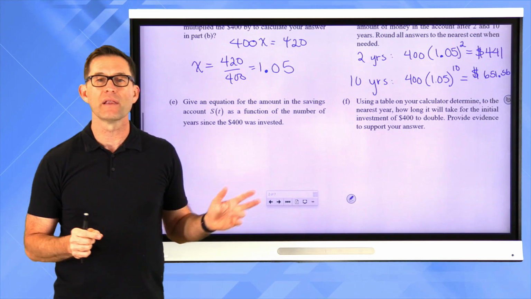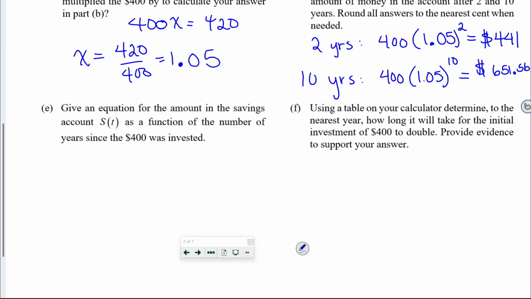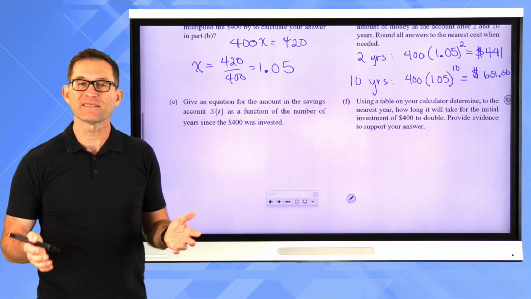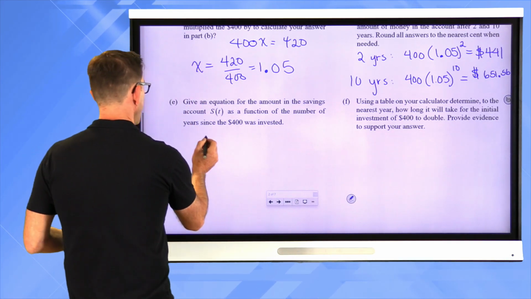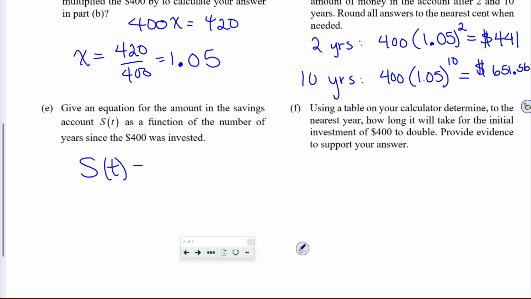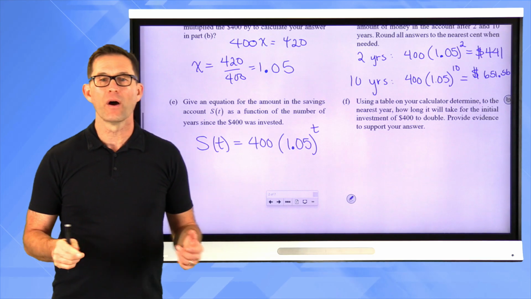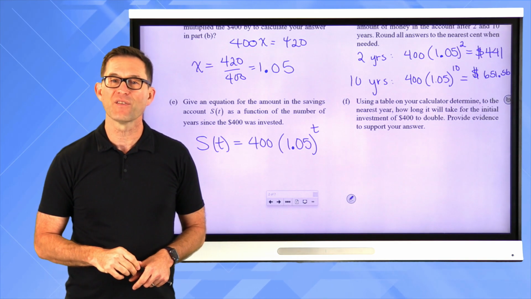All right, let's take a look at letter E. Give an equation for the amount in the savings account S of t as a function of the number of years since the $400 was invested. Well, this is great because this is a classical exponential equation, right? The savings will be our y-intercept, our original amount, times our base, 1.05, raised to the number of years that I've applied it. 400 times 1.05 to the t.